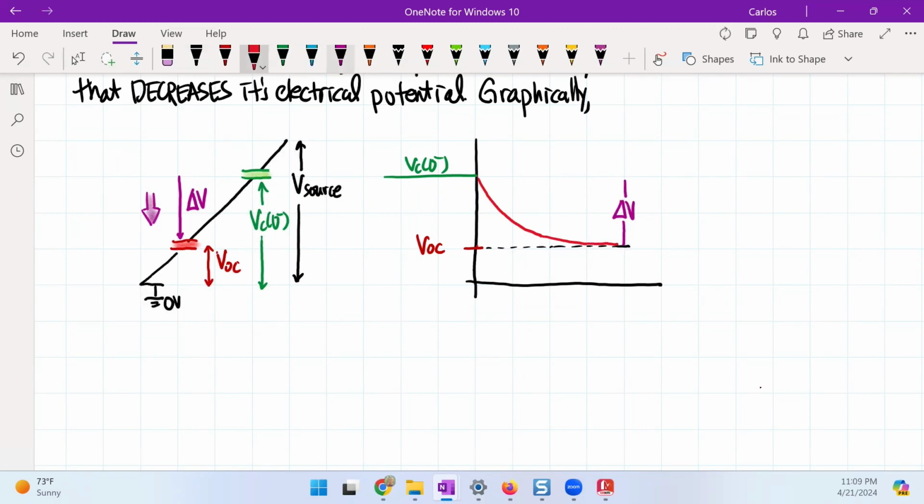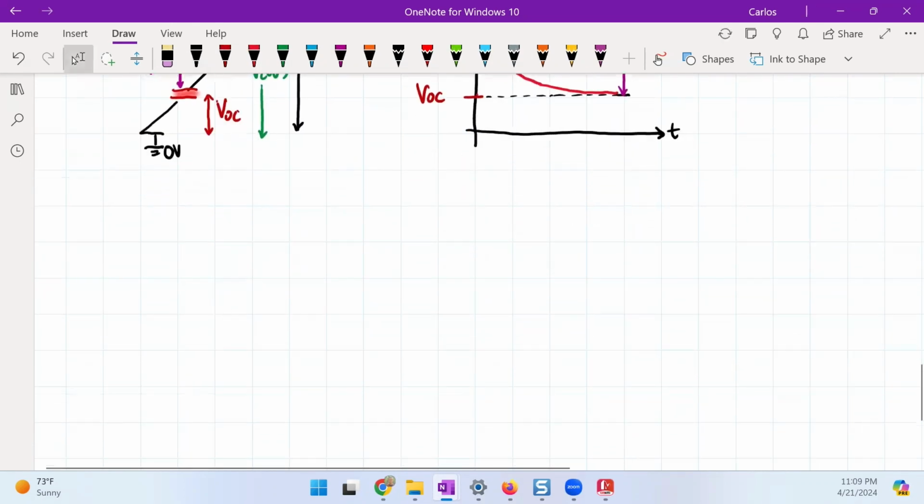And so we are literally moving downwards, right? We are moving downwards like this. And that's what I mean by the discharging capacitor here. That's what that delta V is. If I see the positive sign, there's a downward shift.